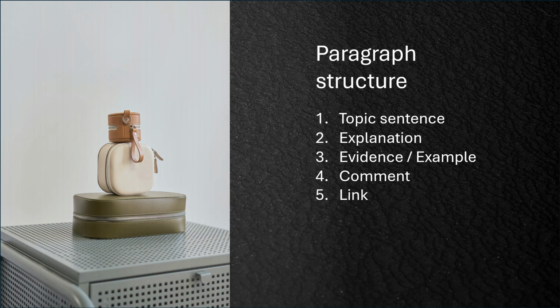Although you can include more than one quote or summary in a paragraph, it's best not to stack them all together, because the next step is your comment, where you explain why and how the evidence you've shared supports your point, in your own words. This unpacking can also be more than one sentence.